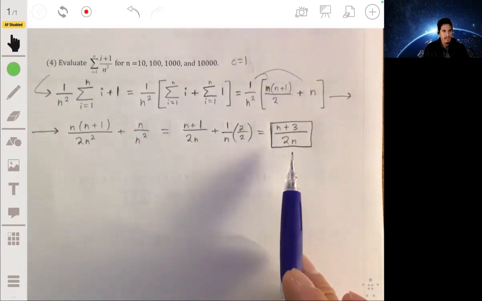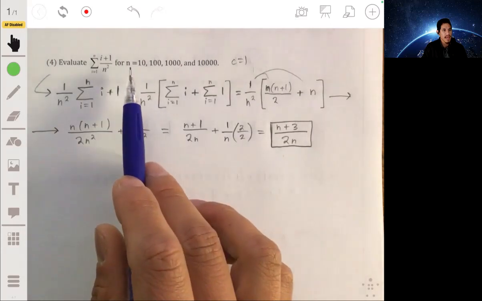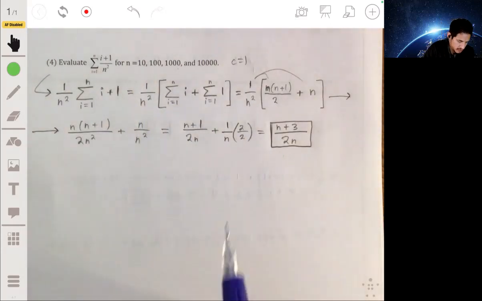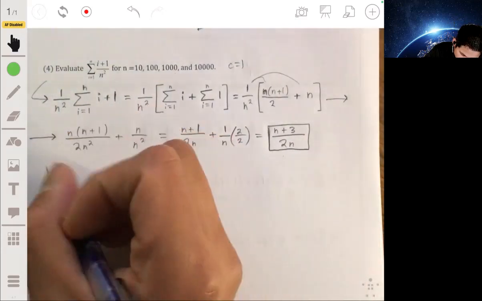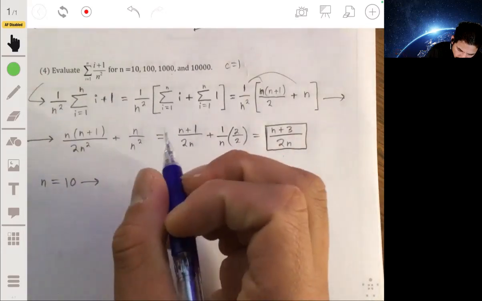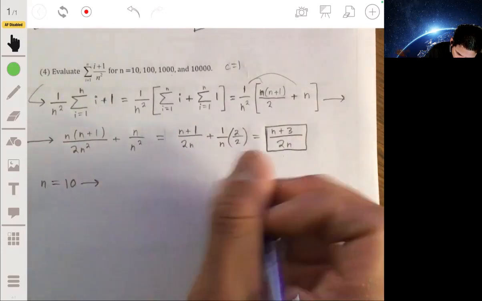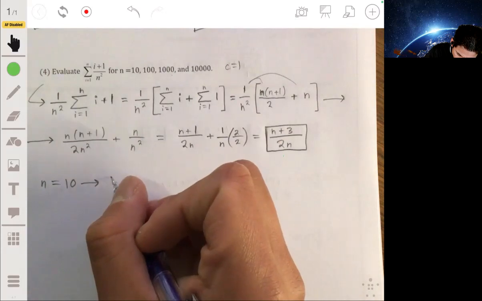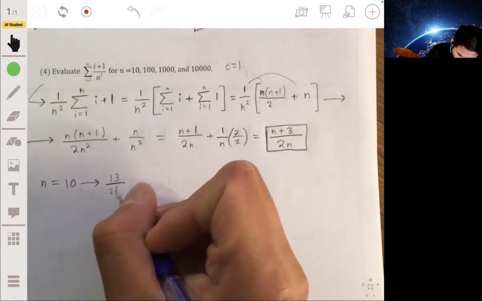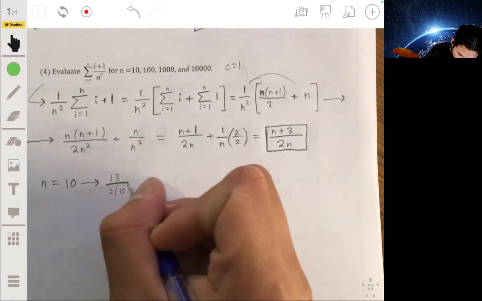Now from here, I have a simple formula where I can simply plug in n equals 10, n equals 100, n equals 1,000, n equals 10,000 for this. So if I want to evaluate this for n equals 10, I'm simply going to get 10 plus 3, so 13 over 2 times 10, over 20.